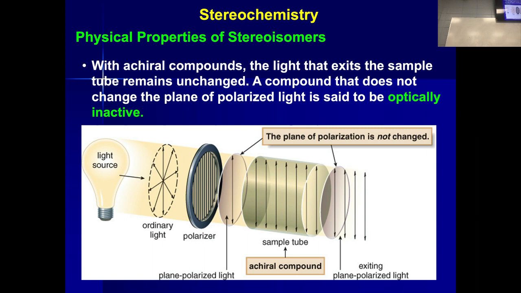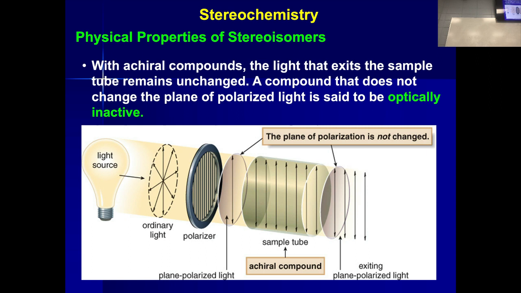And you usually, although it's not shown here, have some kind of filter to make sure it's only one wavelength of light. The wavelength that we use is called the sodium D line, which is 589 nanometers. But that's not important right now. And as the light is showing, ordinary light has the waves of light in all directions. That's what those arrows mean.